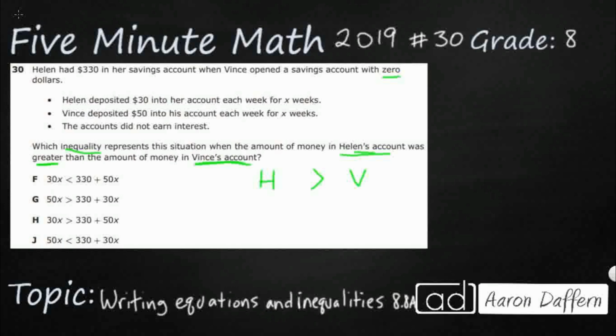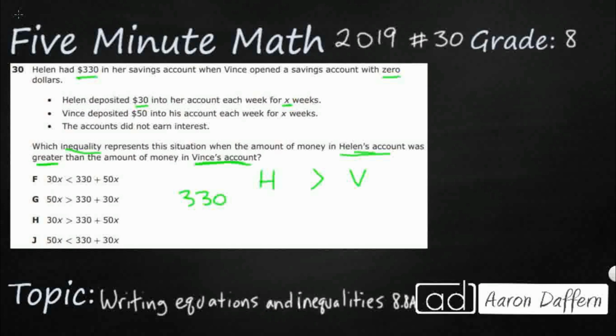What do we know about Helen's account? So she had $330 in her savings account. So we're going to do 330. It's going to be our starting amount, that's just our constant. And Helen deposited 30 into her account each week for x weeks. So x is going to be our weeks.